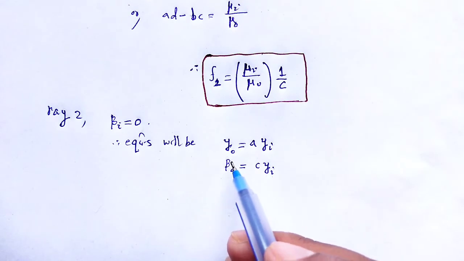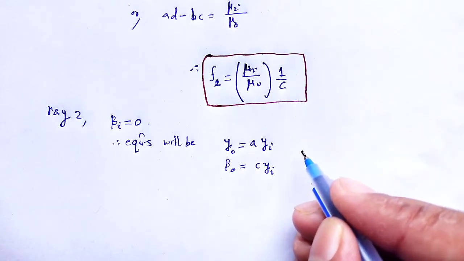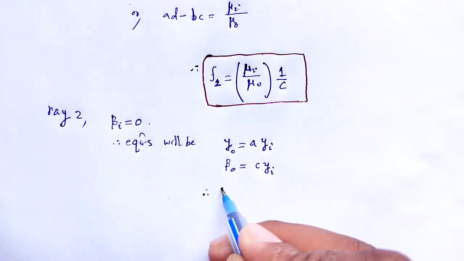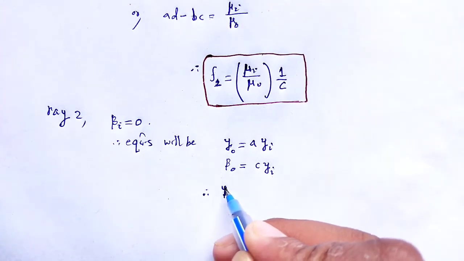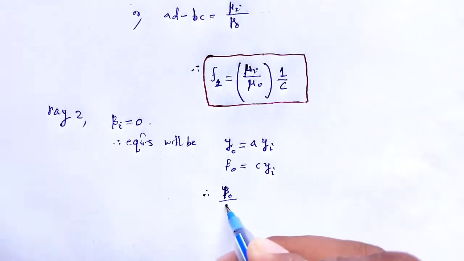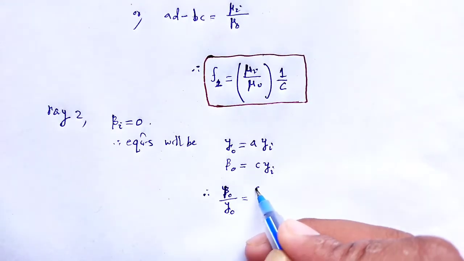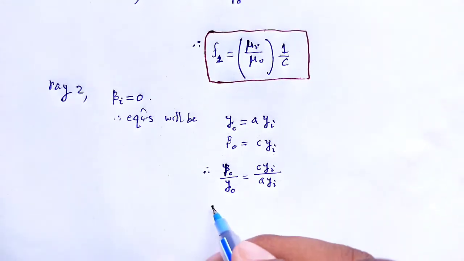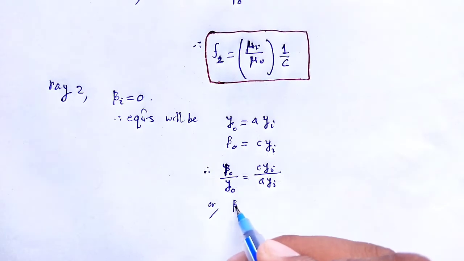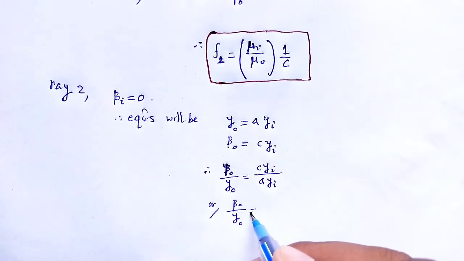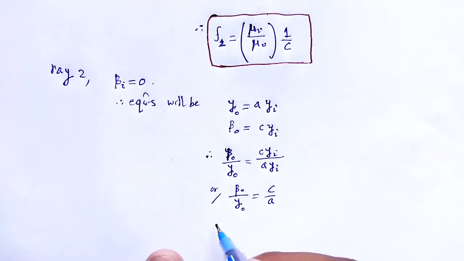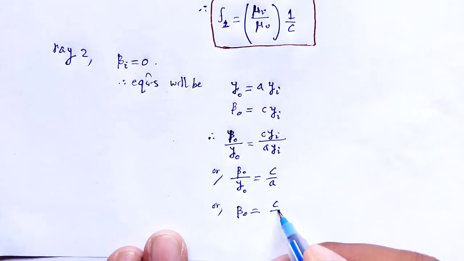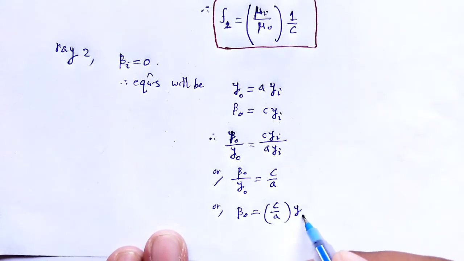Now dividing these two, beta naught by y naught is equal to C yi divided by A yi, or beta naught by y naught is equal to C by A, or beta naught is equal to C by A into y naught.